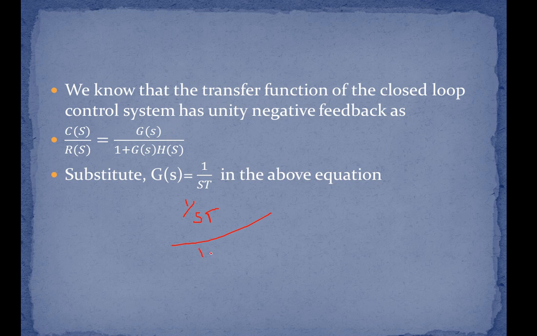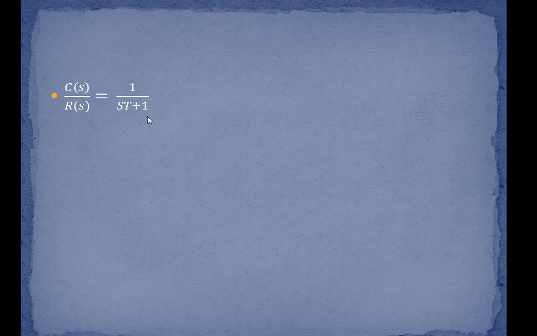If you simplify this, do the LCM in the denominator part: (s tau plus 1) by s tau, and s tau gets cancelled out. So finally you get C of s by R of s equal to 1 by s tau plus 1.